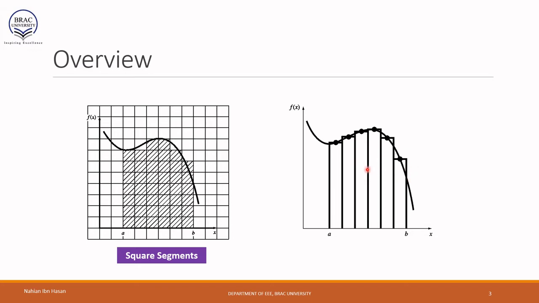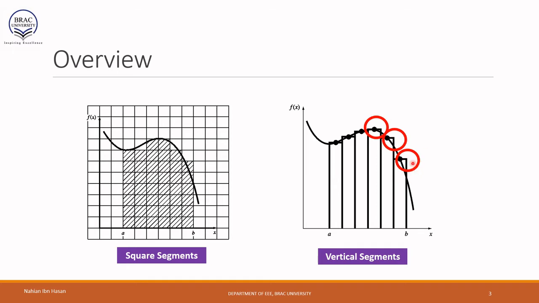We can also follow trapezoidal vertical segments or triangular vertical segments, but most of the time we use trapezoidal or rectangular vertical segments. If you look at this figure, you see there are some portions of these vertical segments that are not under the curve. They are above the curve, so they are not included in the actual integration value.